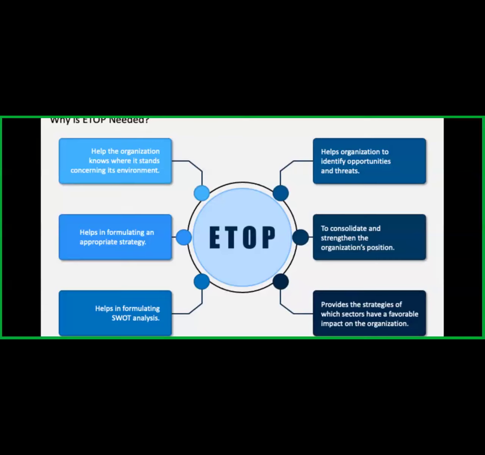Next is the government factor. Now, how does the government have an impact on the growth of the organization? Again, yesterday we discussed that whenever the government comes up with a new rule, that rule may have a positive or negative impact on the growth of the organization.